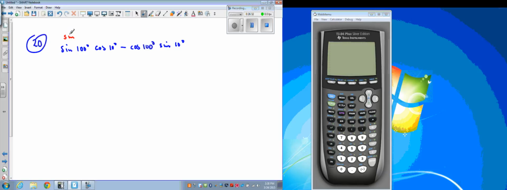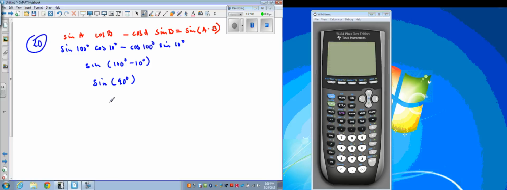This thing is the sine of A cosine of B minus cosine of A sine of B, and that's equal to the sine of A minus B. So you go sine of 100 minus 10, and that's a familiar angle, right? Which is 1.